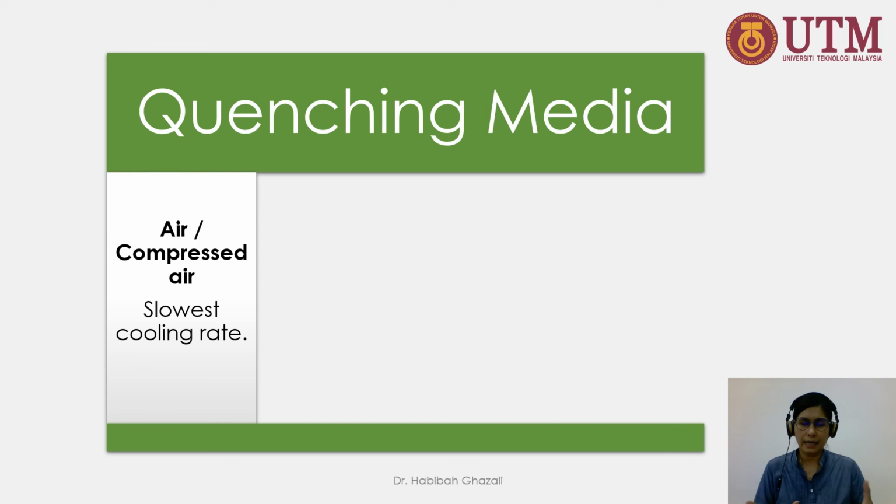In normalizing, we continuously cool after we heat the metal to become austenite. We cool it at room temperature in still air. So that is a continuous cooling procedure. So we will produce a coarse microstructure due to the slow cooling rate.